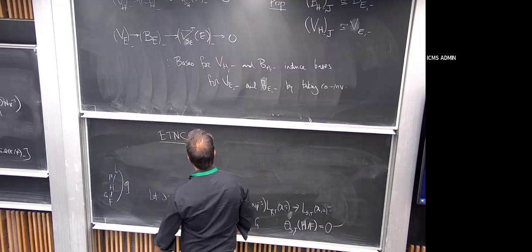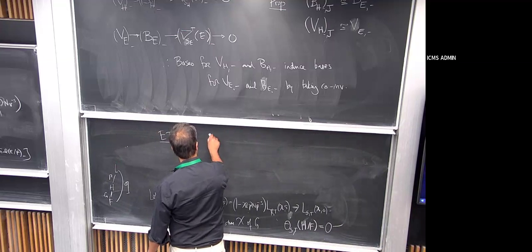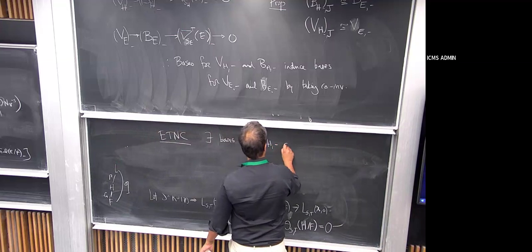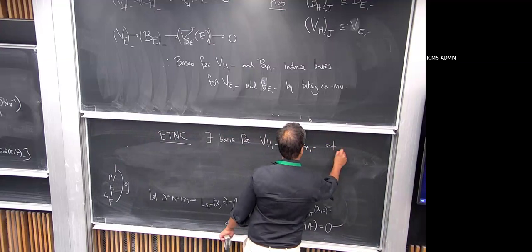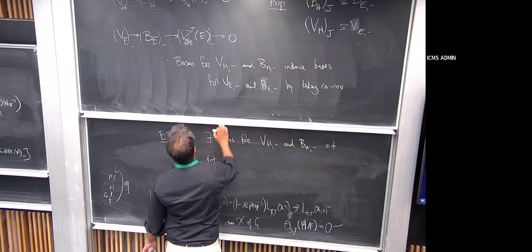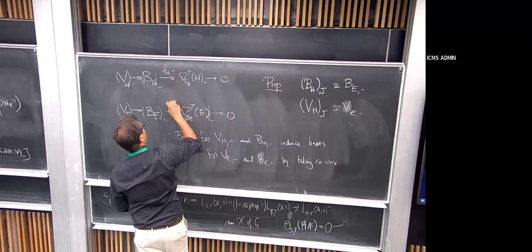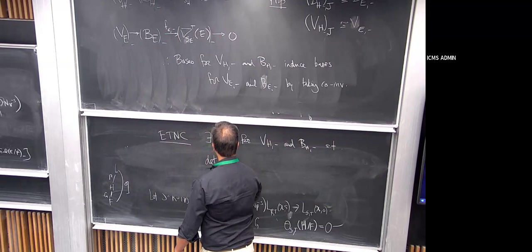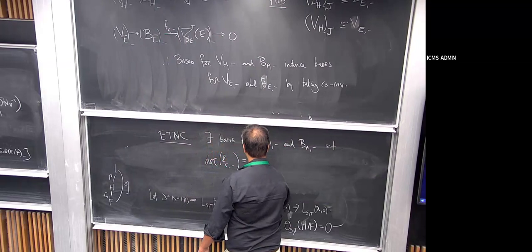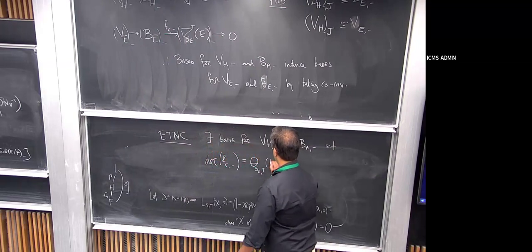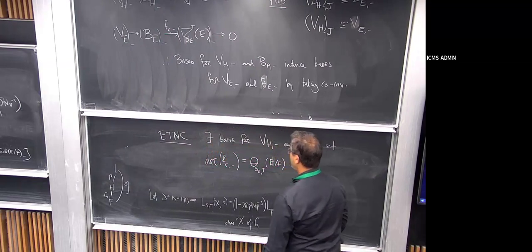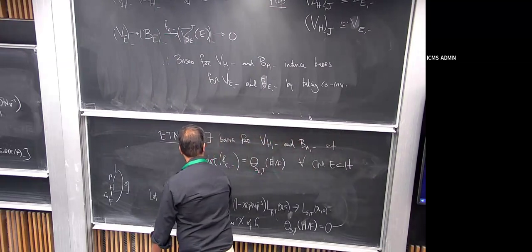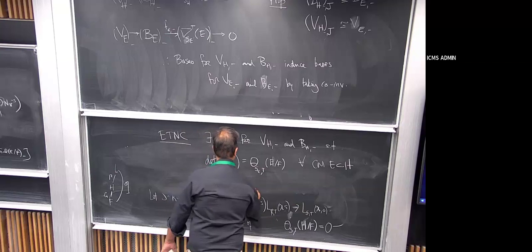It says there exist bases for VH minus and VE minus such that the determinant, let me give this a name, FH minus, FE minus, the determinant of FE minus equals theta E F, for all CM E contained in H, where this is taken with respect to the induced bases.